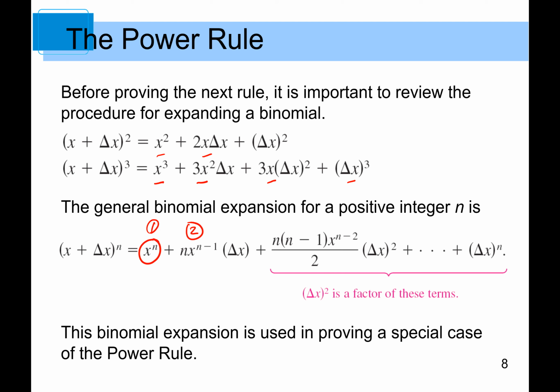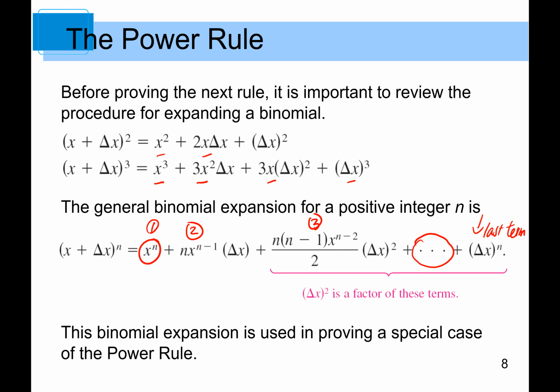The third term is n times (n minus 1) times x to the n minus 2, over 2, times (delta x) squared, plus infinitely many terms in between the third term and the last term, which is (delta x) to the nth.